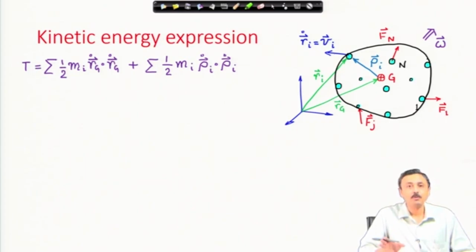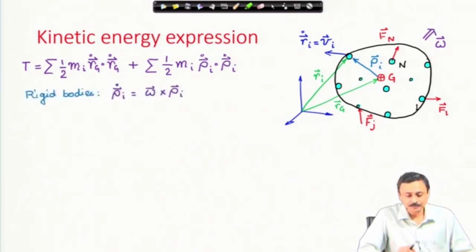Kinetic energy because of motion of the particles about the center of mass. Remember that rho I dot is the relative velocity of the ith particle with respect to the center of mass. Therefore, the second term in the kinetic energy expression gives us the kinetic energy because of motion of the particles about the center of mass.